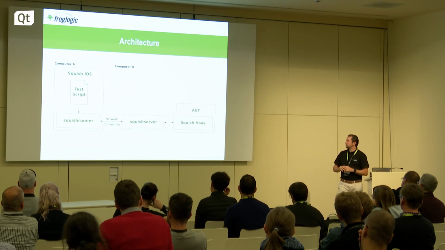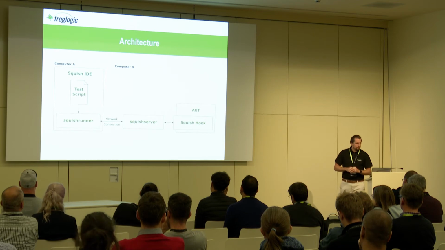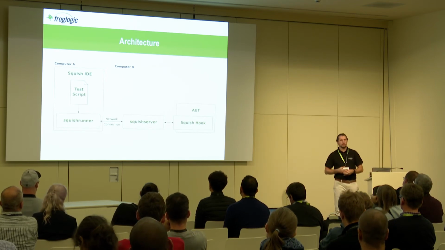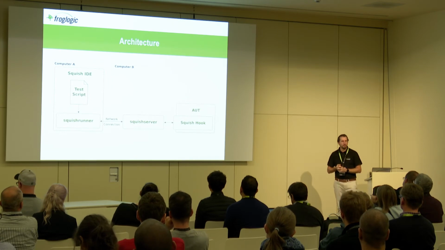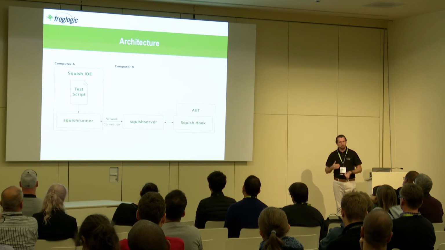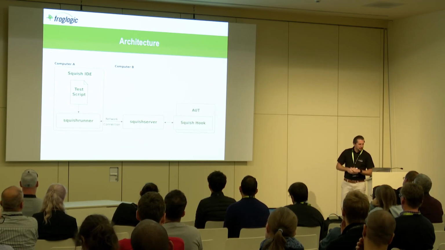And that hook is basically the module which then gives us access to the Qt object tree. This hook is injected at runtime, so you don't need to modify the application to make it testable. The only requirement is that you link dynamically against Qt. As long as you do that, we can inject that hook while starting the application through the library loader.